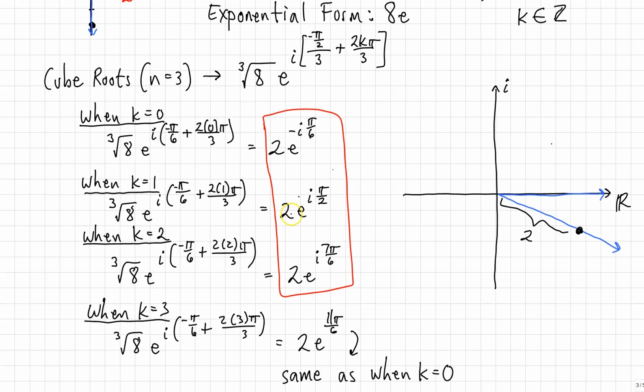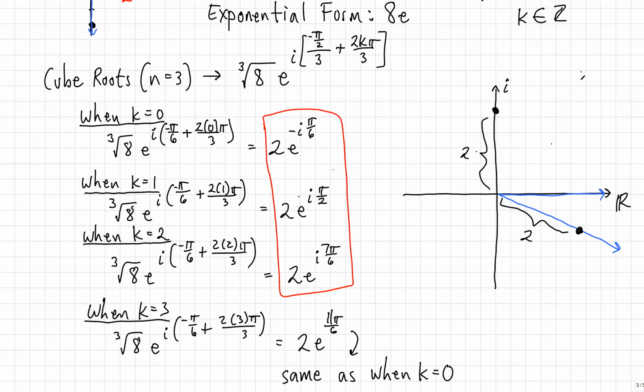Now, another cube root of negative 8i is a distance of 2 away from the origin, but at an angle of pi over 2. So I go the same distance away, so it'd be up here somewhere. Just trying to eyeball it. So this would also be a distance of 2.